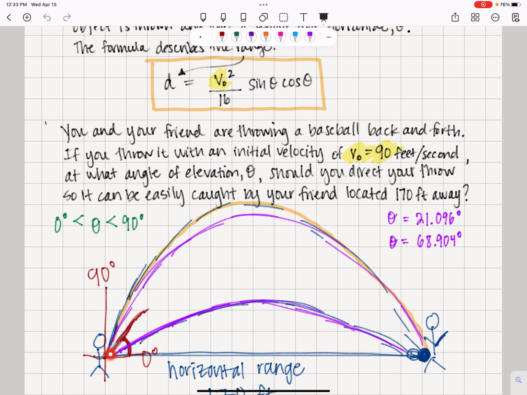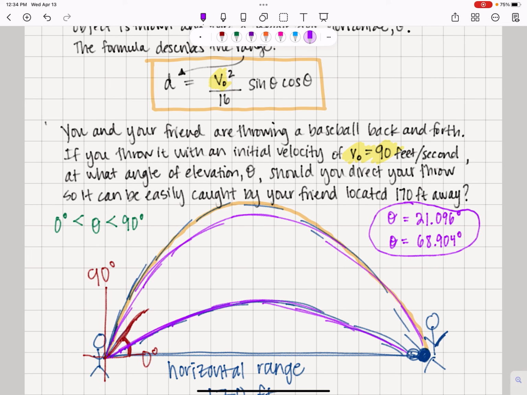So you're going to have to get that thing going. Now up here, it's going to happen at 68 degrees, and it's not going to bypass because a lot of that initial velocity is going to be taken and going up high, so it's going to fall down and plop right in front of whoever you're playing catch with. So two answers for this problem.